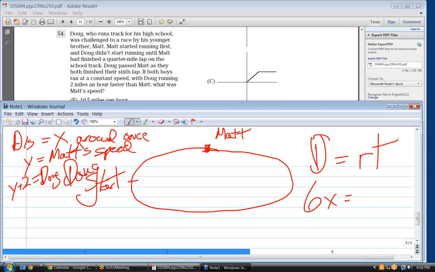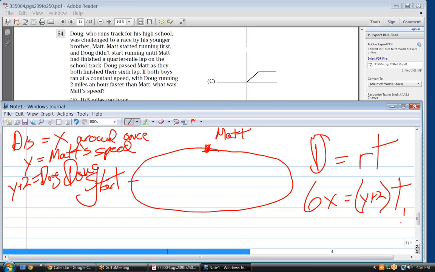So, in other words, it takes Doug the same amount of time to go around 6 times as it takes Matt to go around 5 3/4 times. So Doug's equation is 6x equals y plus 2 times some time that we don't know. We'll call it t1.